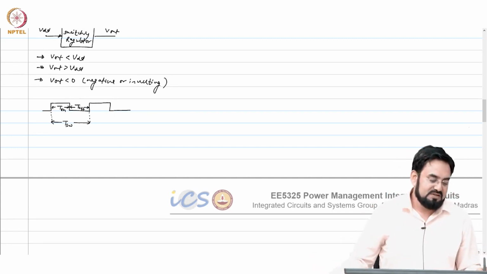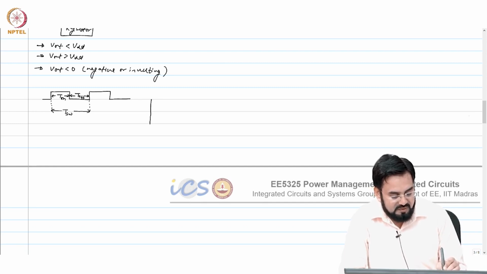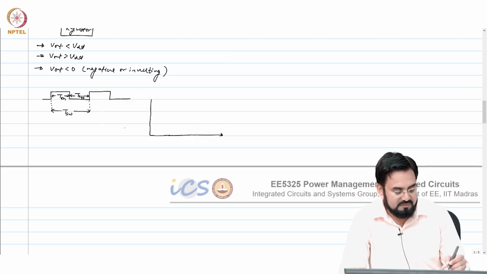If you take the Fourier transform of this, how will it look like? Spectrum. What all components you will have? Yes, sine will have, but how will you plot it on frequency?